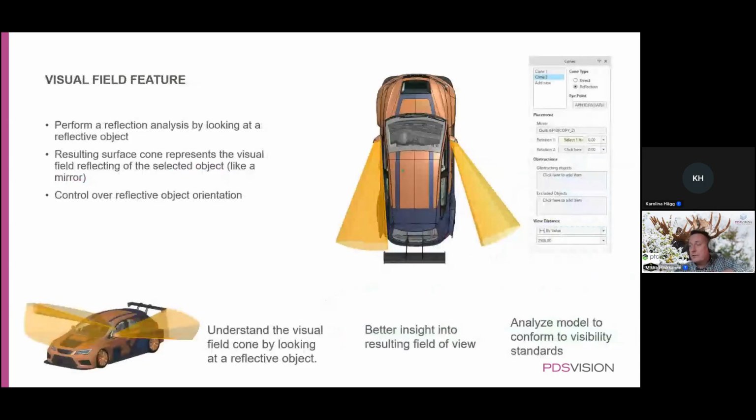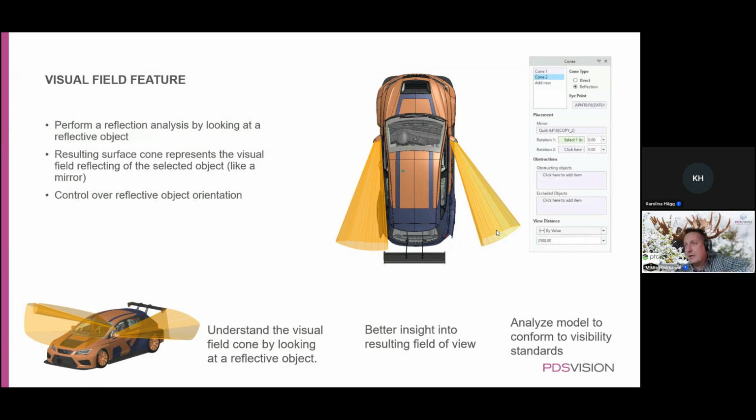Then we have something for ergonomics, which is also a visual field feature, which simply means how much I see from my surroundings based on a reflected object, like a mirror. So if we have a human eye in this picture, as a star, what is the visible area via the mirrors in here?